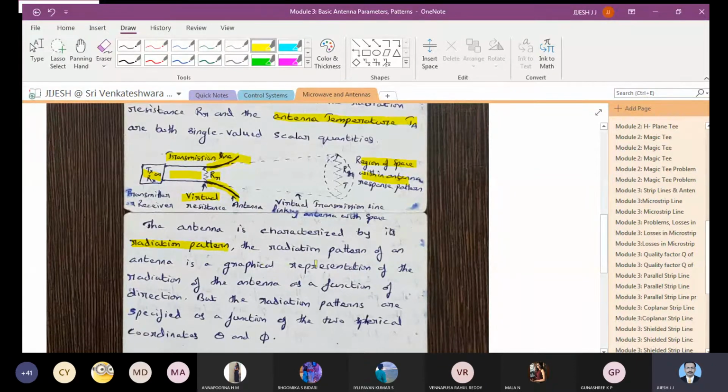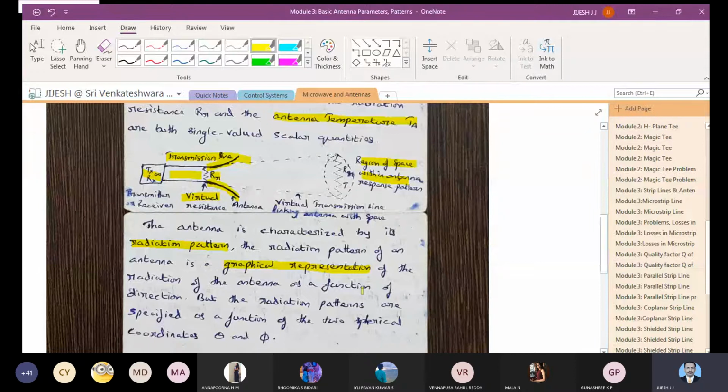You can see how the beam is formed, how the maximum signal is in the main lobe, and you will have subsequent side lobes, and the space between the lobes you call a null. We'll be understanding how the pattern gets generated and how these terms are defined.